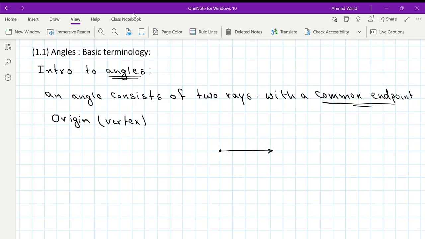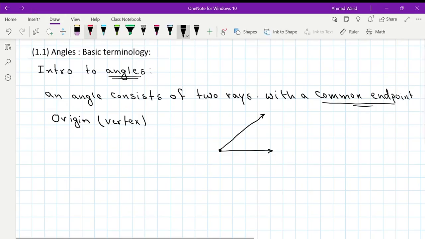When two rays share the same endpoint, or starting point, or vertex, they form an angle, and we can measure this angle. The common endpoint, we call it vertex.